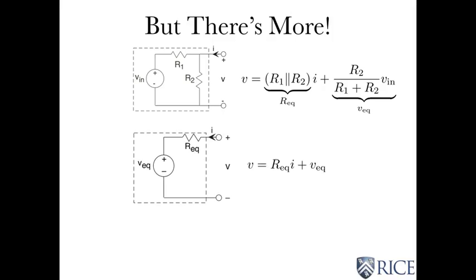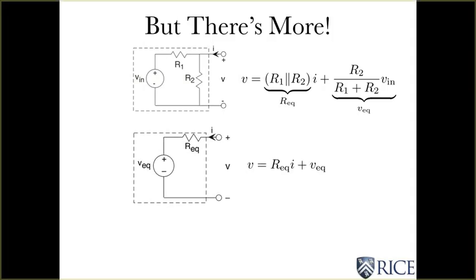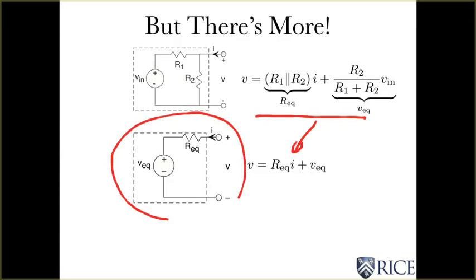And I want to point out that something of this form, which can be written like that, is the same VI relationship that applies to this circuit. And of course the subscripts EQ here mean equivalent. So these two circuits, you cannot tell them apart just from the terminals.